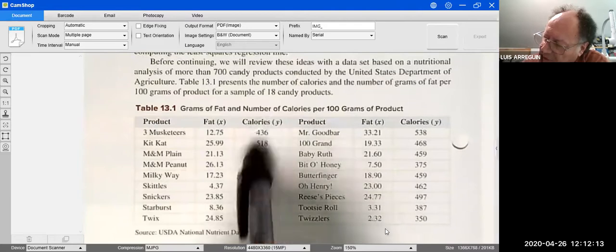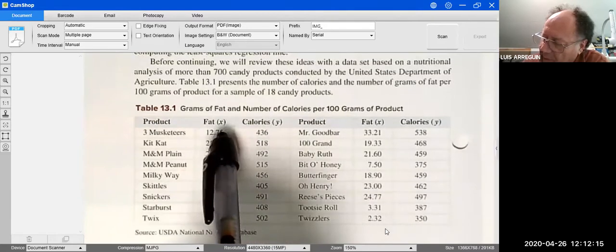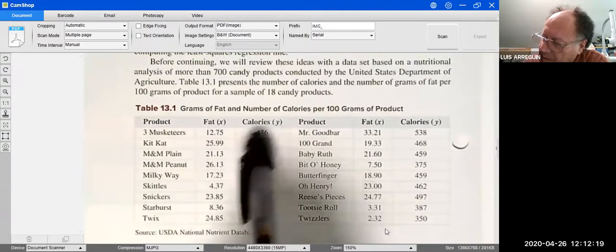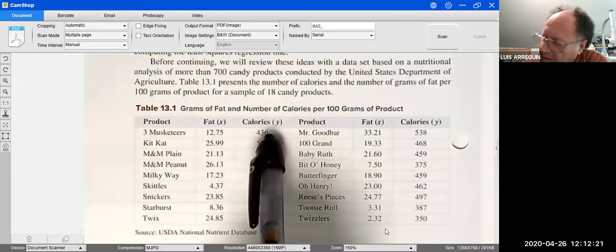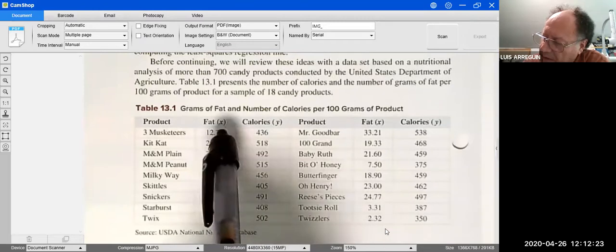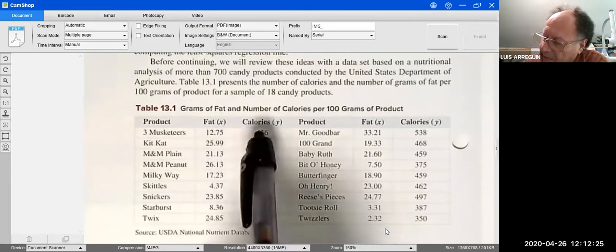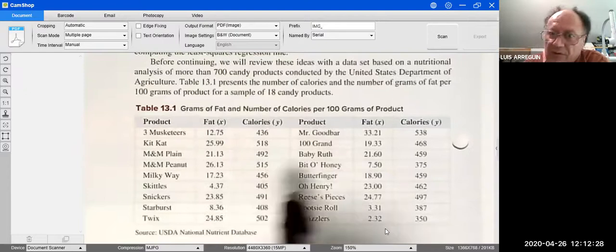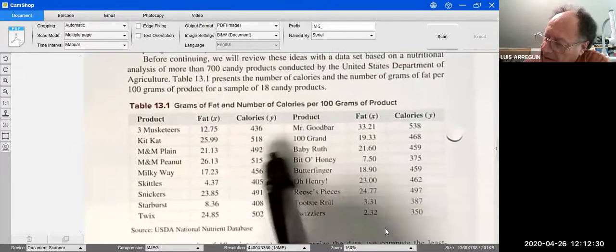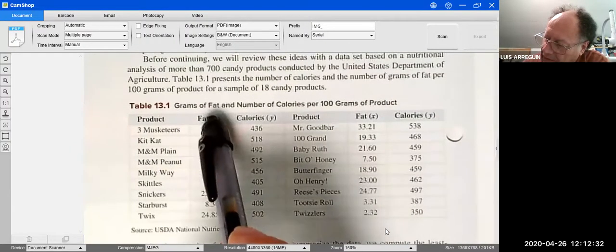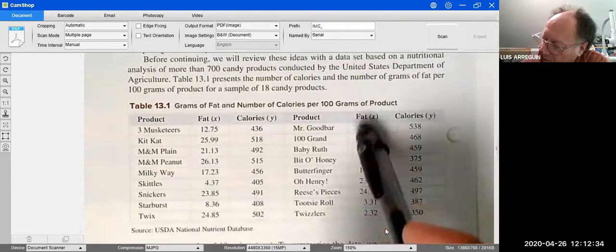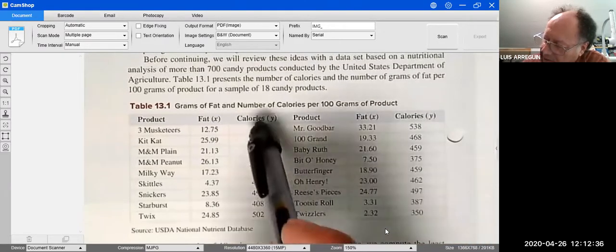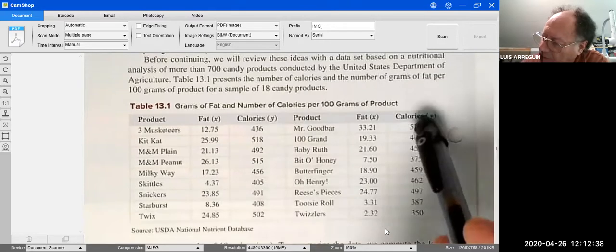So this is my response. If I have any amount of grams of fat, what is the expected number of calories that is going to be obtained by consuming that candy? So I have values for X, values for Y. My values for X are in this column and also in this column. The values for Y start here in this column and continue on this column.